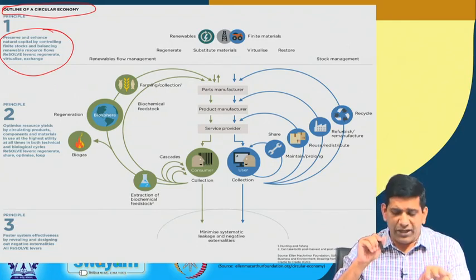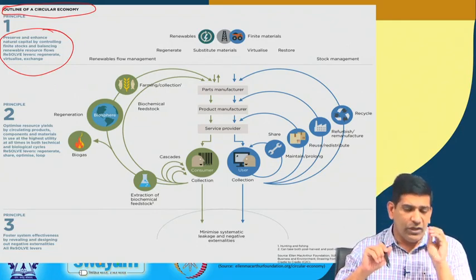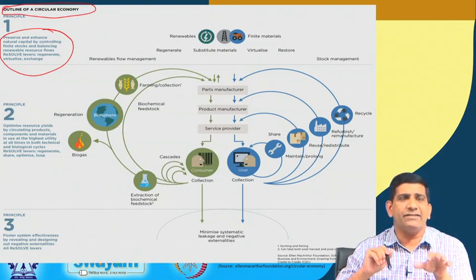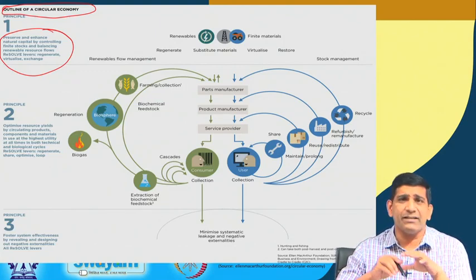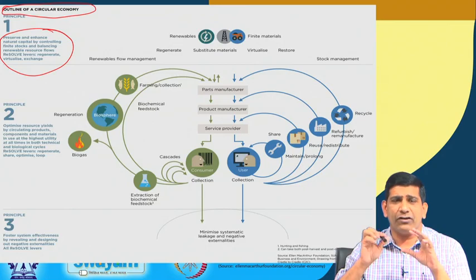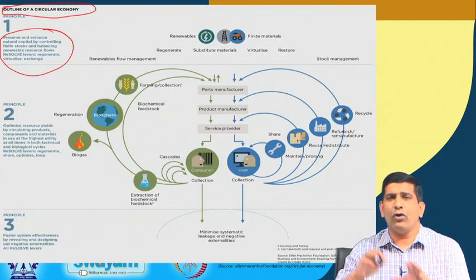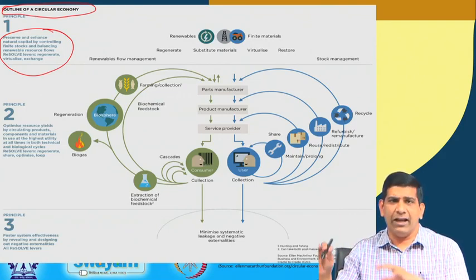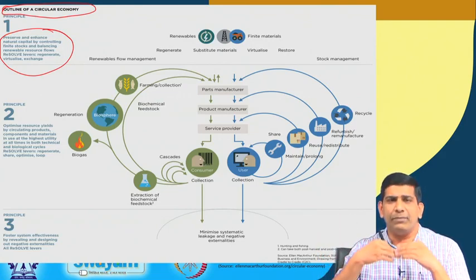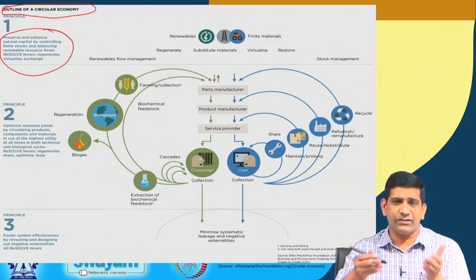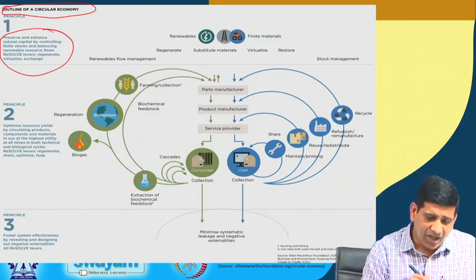In a simple way, we are trying to preserve and enhance resource recovery. Whatever material resource we use, the first principle is not to let it go into the dump site or a landfill. Let us try to bring it back into the economy.